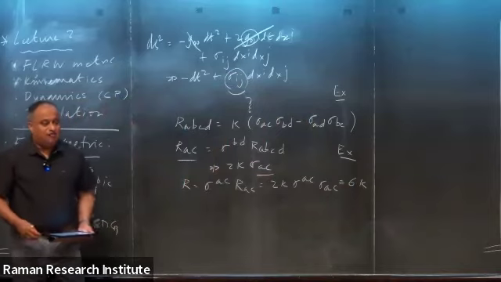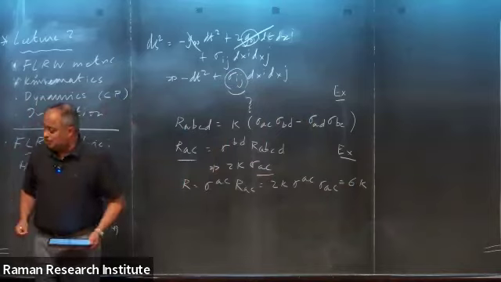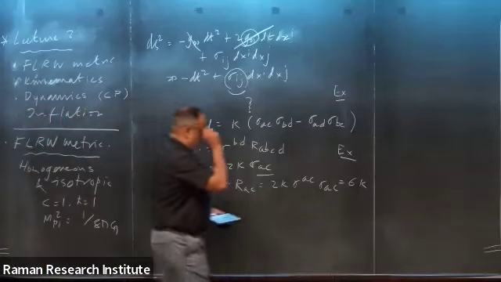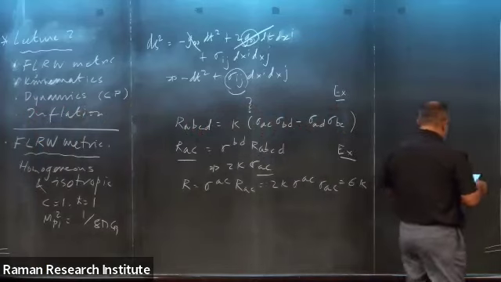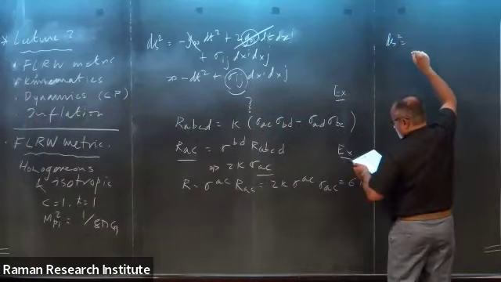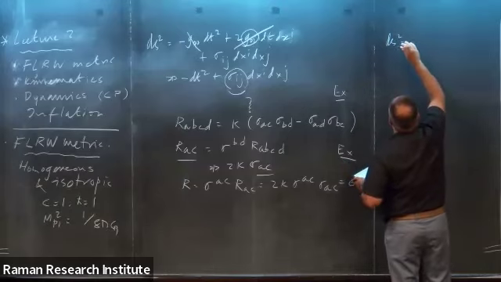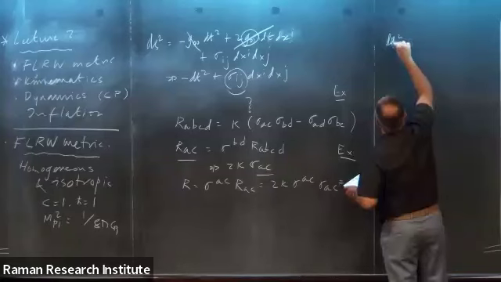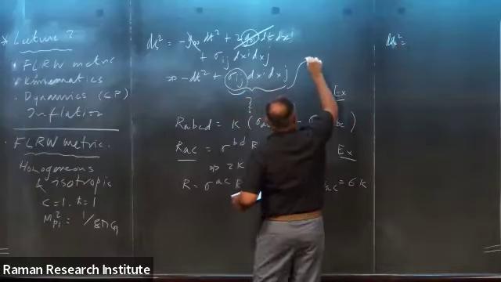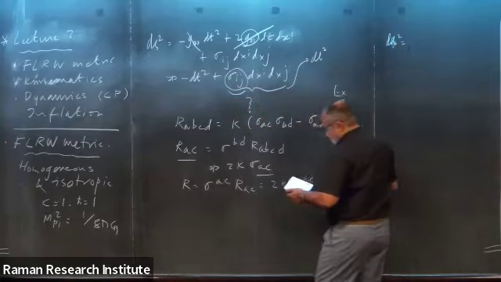Now, we need to write a form of the metric which reflects the homogeneity and isotropy. Okay? And it's not difficult to guess this form of the metric. You can write a metric of the following form. Remember, we are interested in only the spatial part. Let me call this, for convenience, dl squared, right?